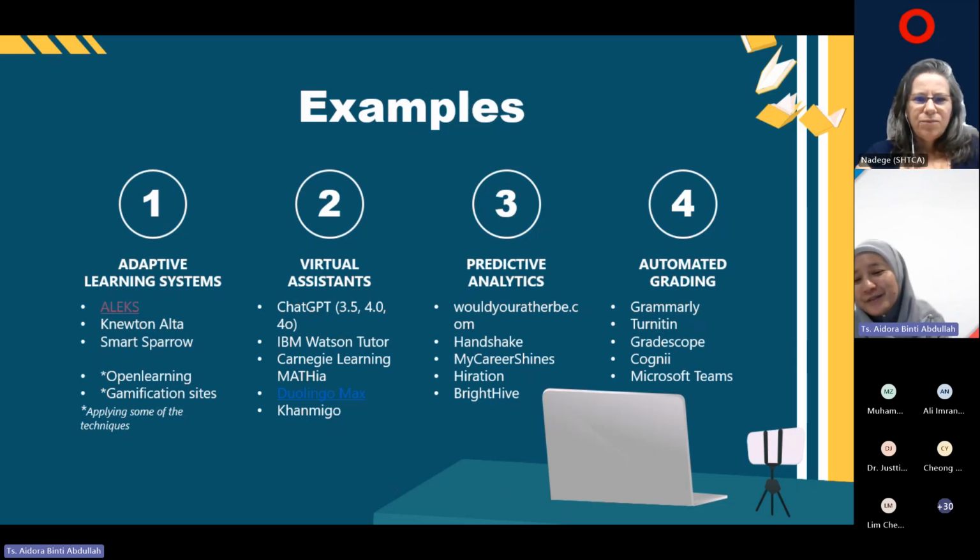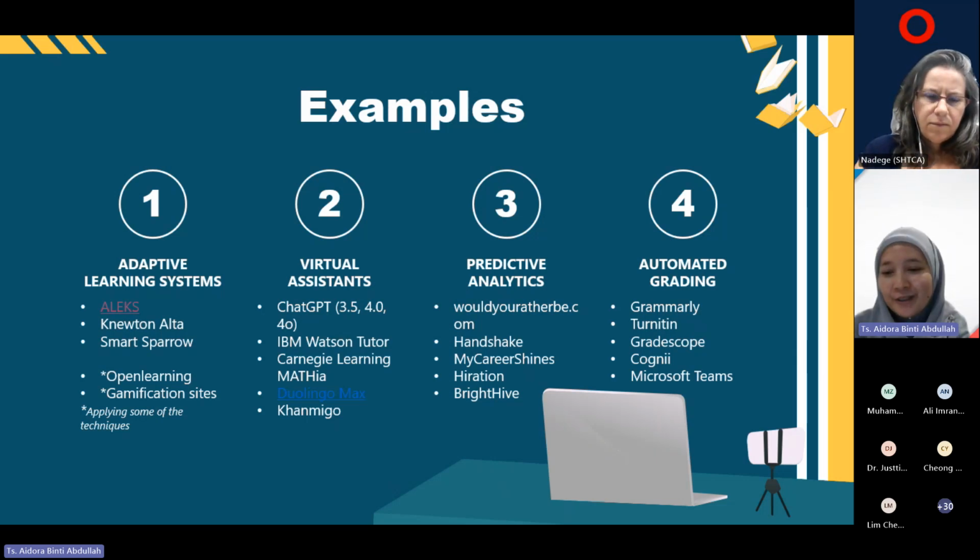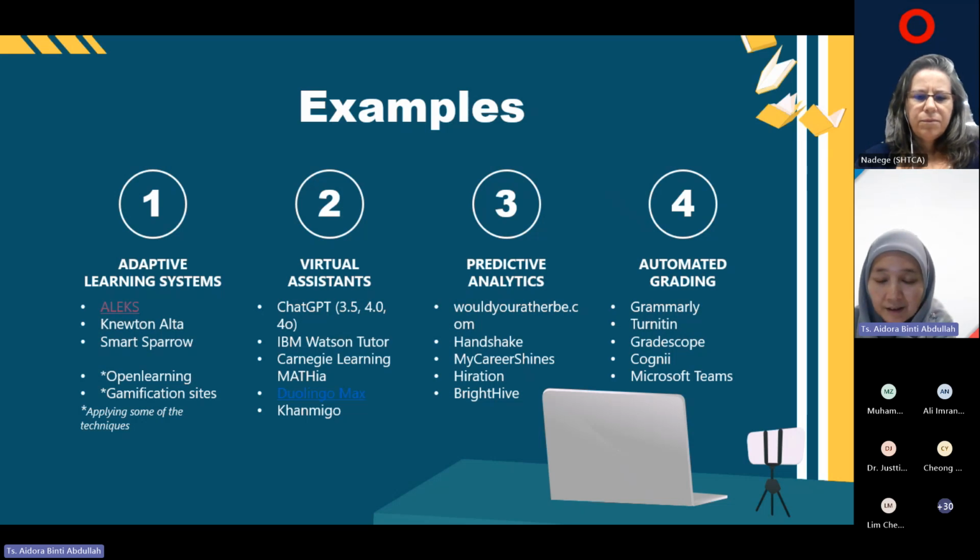Because if no, then we could go for a break, and when we come back from the break, I will demonstrate the differences between ChatGPT 3.5 and 4.0, and then how you could use Microsoft Teams to create your assignment and rubrics as well. Hazim, anything? Any questions?